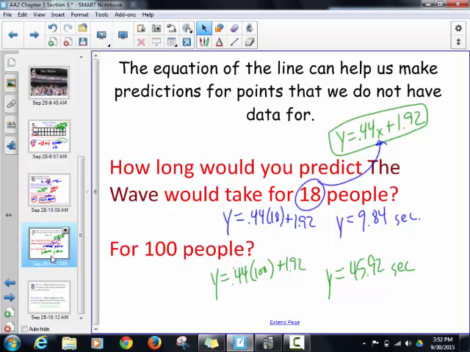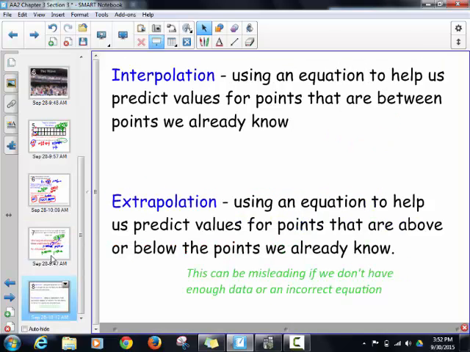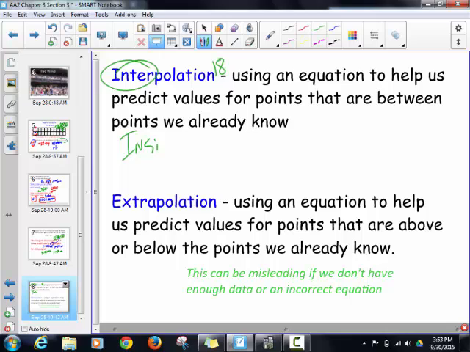We have terms for when you look for something inside your data and something outside your data. The 18 is represented by what we call interpolation. It's using an equation to predict values for points that are between points we already know. I always think it kind of means inside, something that's inside your data already.